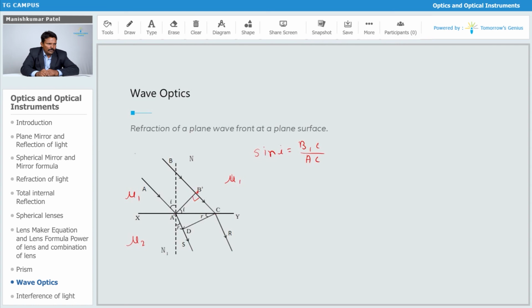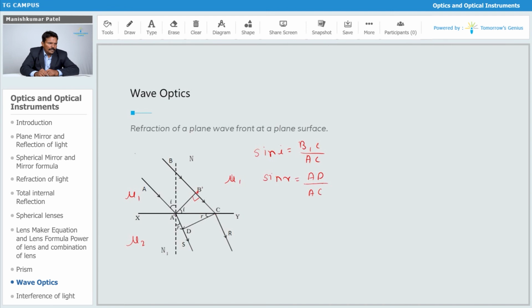Similarly for sine R, the opposite side is AD, and the hypotenuse is again AC.